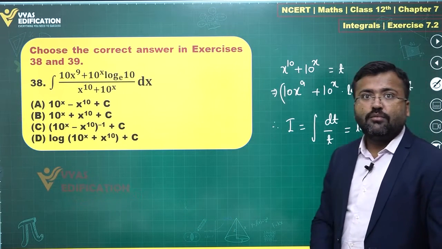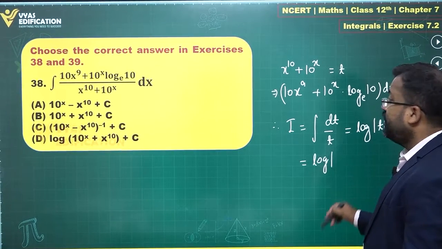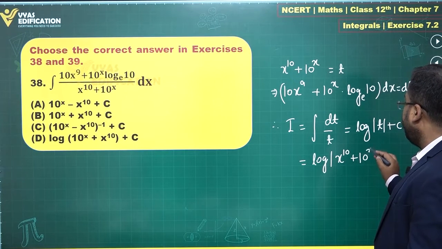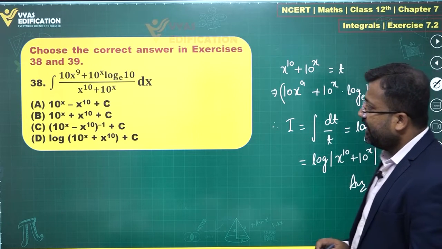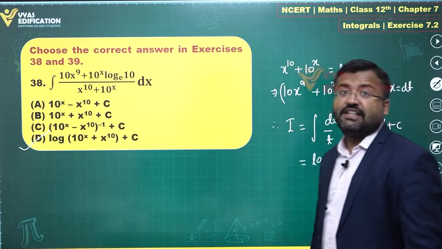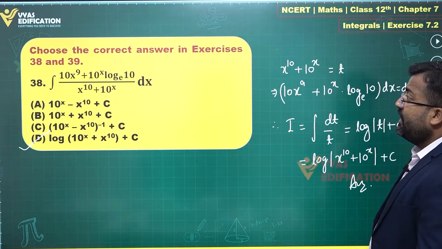T is x power 10 plus 10 power x, so the answer is log modulus of x power 10 plus 10 power x plus constant. And the correct option is this D over here. Is that okay? Yes, that's pretty simple, as you can see.